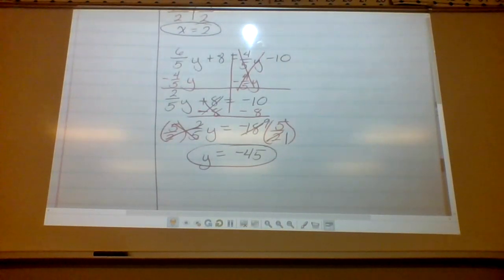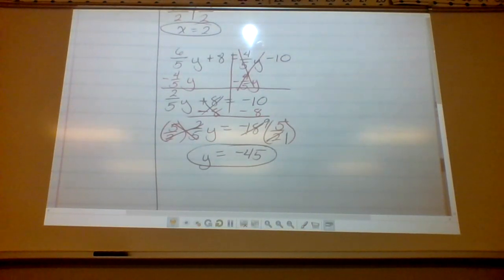You're going to say the problem out loud. You still have classmates writing. So you're going to have 2.1x plus 3 equals 3.1x minus 2.